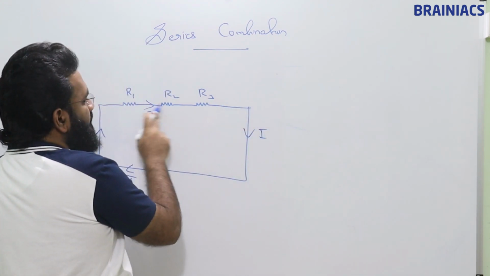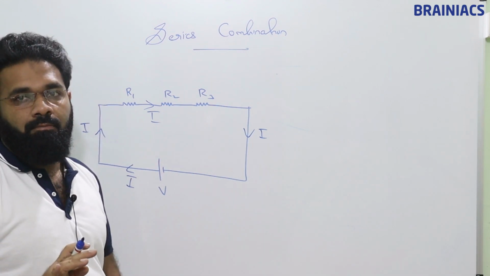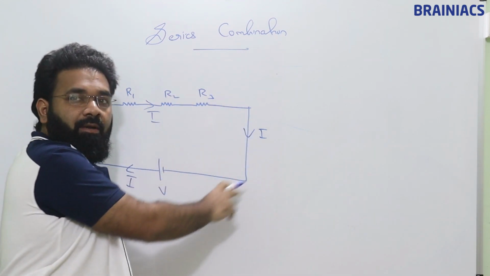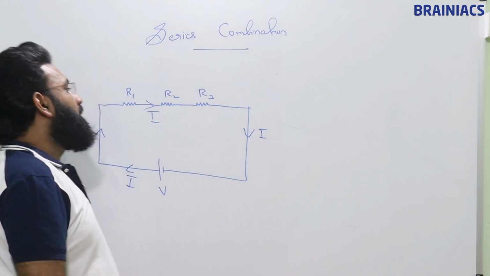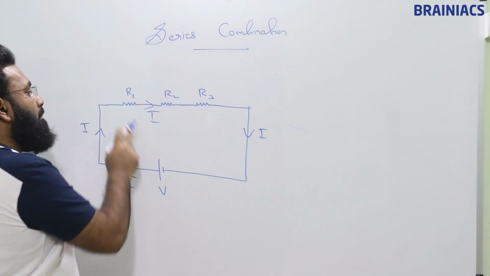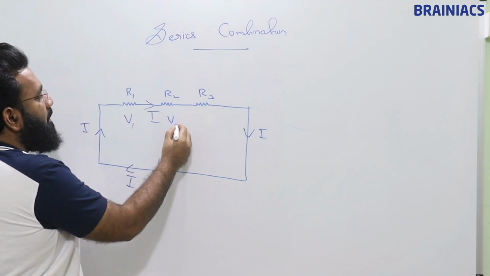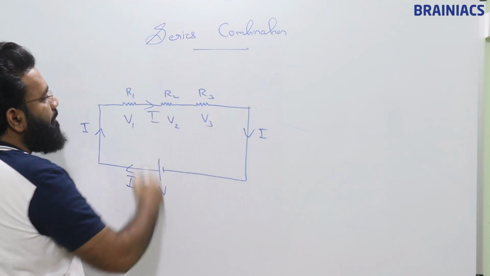What will be the current here? Current through R1, current through R2, current through R3, all will be same, because this is a series circuit, or same current is flowing through the circuit. So current through R1, R2, R3 all will be same, but voltage across R1 will be V1, this will be V2, and this will be V3.